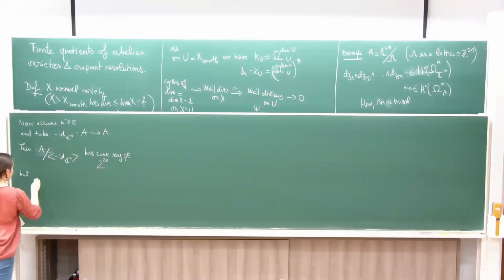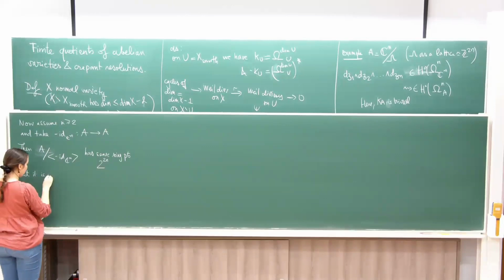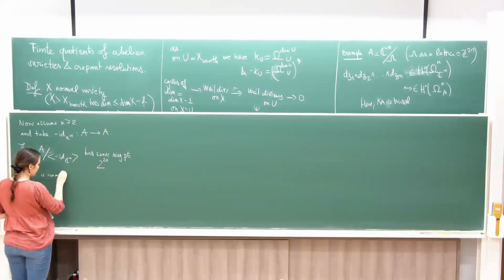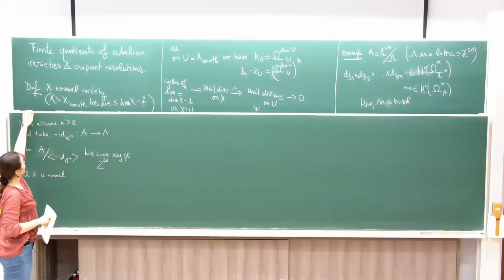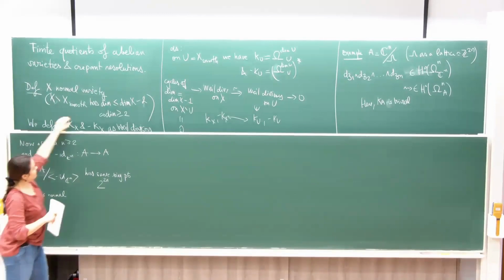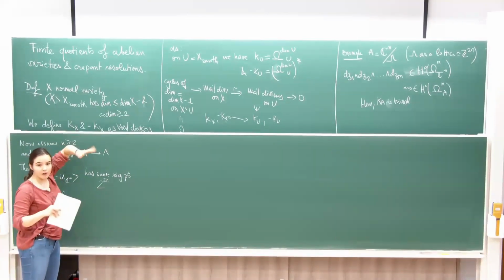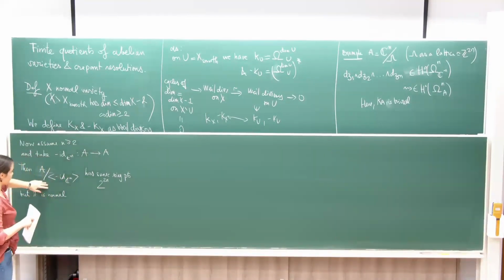But as you see, it is normal. It is normal since they're just singular points in dimension n. So this, I didn't define normal, but at least this assumption is satisfied. And in fact, if you know what normal is, this is actually indeed normal.